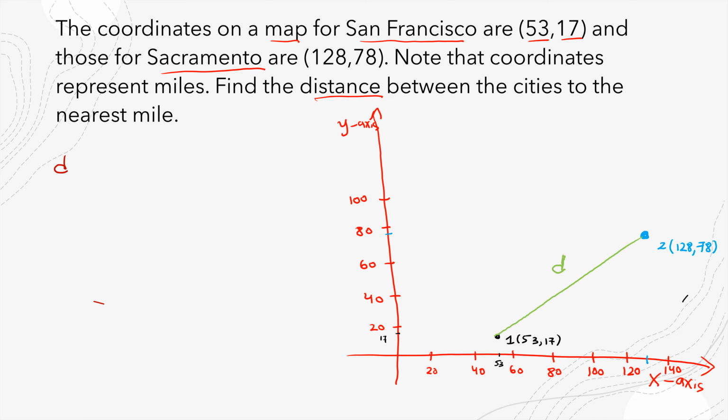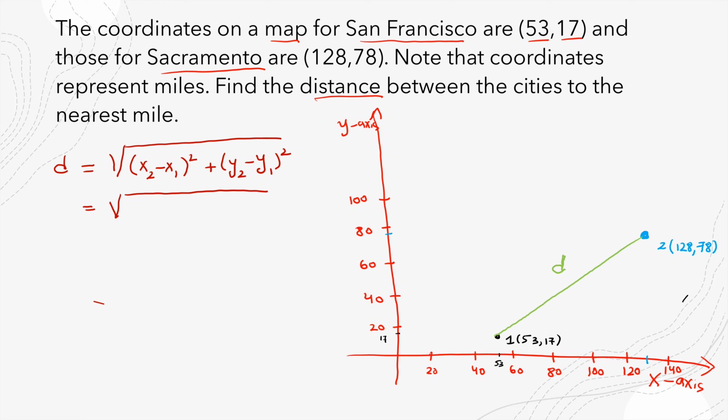Once we have this, let's figure out the value of d. Our distance formula is d equals root of x2 minus x1 square, that is the x coordinates of point 1 and point 2, plus y2 minus y1 square. These are the y coordinates of point 1 and point 2. So let's plug in the numbers.